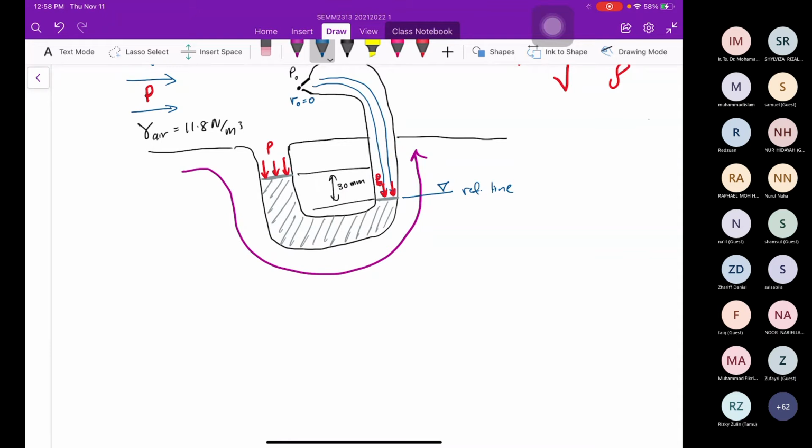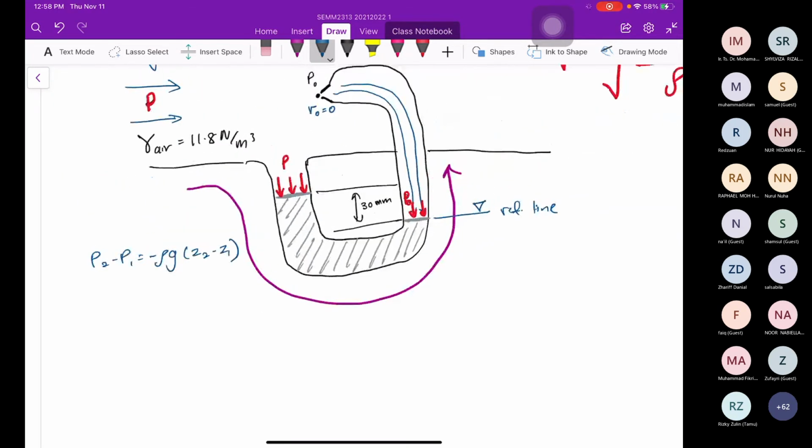Okay, so apply the hydrostatic equation, which is P2 minus P1 equal to negative rho g (Z2 minus Z1). This pressure P naught is here as well. So I want to go from P to P naught. So P naught minus P equal to negative rho of mercury.